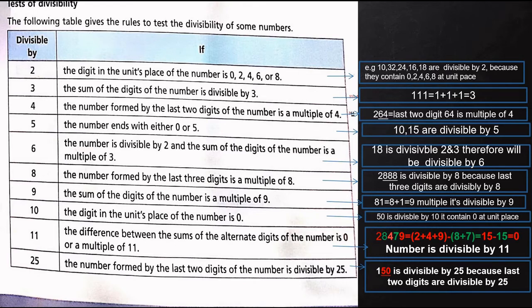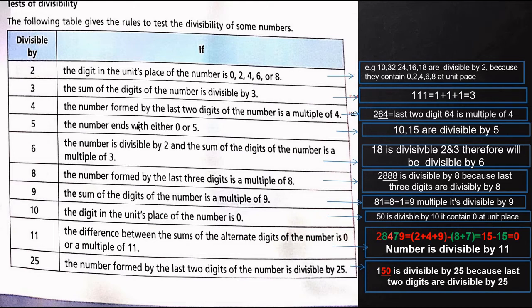The last 2 digits of this number are 6 and 4. 64 is the last 2 digit number, which is a multiple of 4. 16 fours is 64. That means it is a multiple of 4. Therefore, this number is divisible by 4.